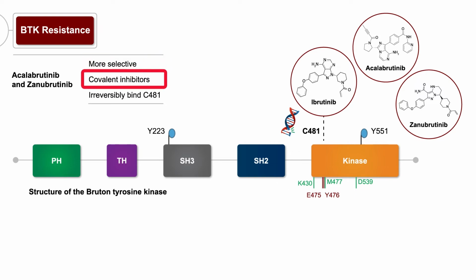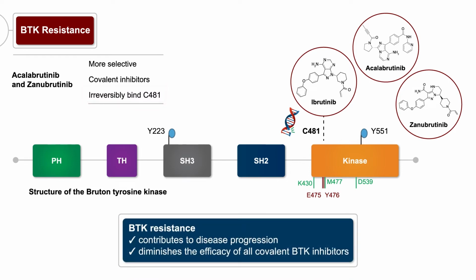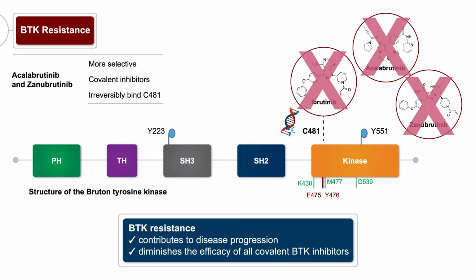They are both covalent inhibitors that irreversibly bind C481, and hence the resistance does occur across all three drugs, given the mechanism of the resistance pattern in CLL. So we've seen that the process here contributes to disease progression and diminishes the efficacy of all of our covalent BTK inhibitors, even the ones that have been recently approved.